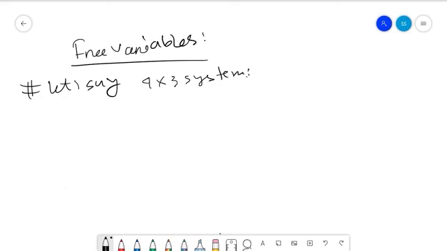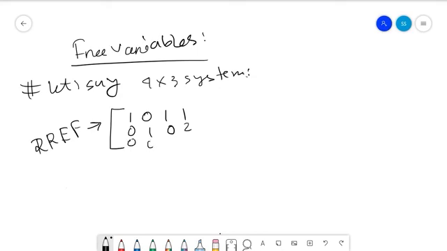and we perform elementary row operations on it and bring it down to the reduced row echelon form in the following manner. Let's say, remember I'm writing the reduced row echelon form over here, so it will be 1 0, let's say 1 1. I'm writing the coefficient matrix first, then 0 1 0 2, and the last row should be 0, right?